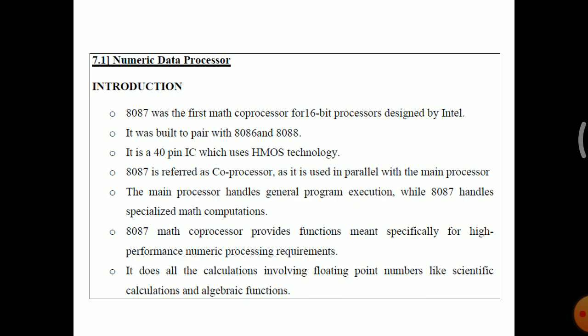The main processors, that is 8086, 8088, handle the general program execution, whereas the 8087 math coprocessor handles the specialized math computations. That means it is dedicatedly used for performing the complicated mathematical operations.